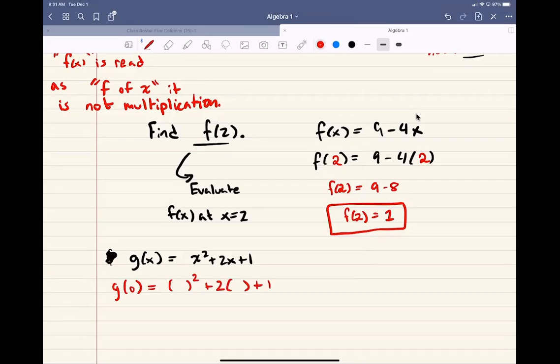And what's going to go inside that parentheses? Our 0, the number inside. 0 squared is 0, plus 2 times 0, which is 0, plus 1 is going to give us 1. So g of 0 is 1. So whenever you plug a number in for our x, you're going to replace all those values of x.